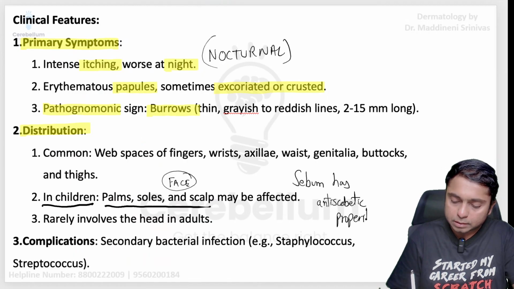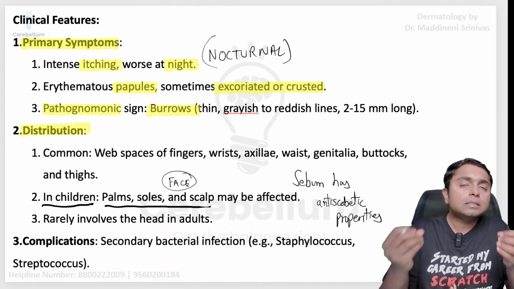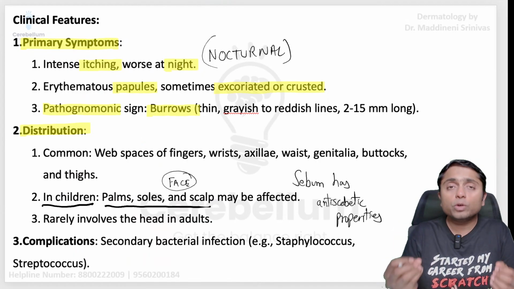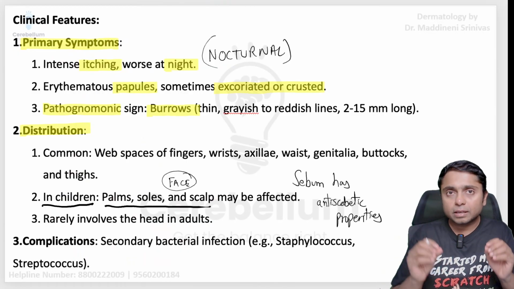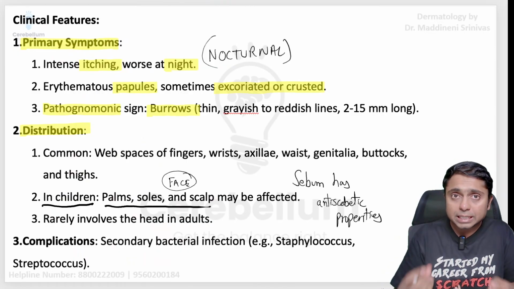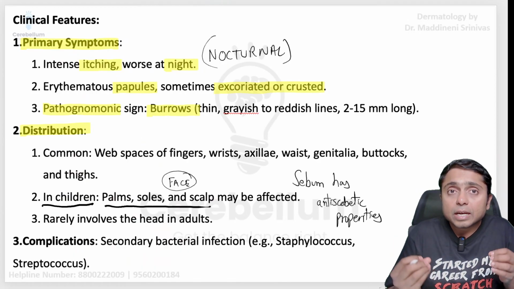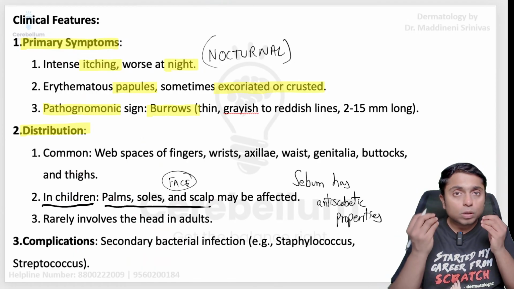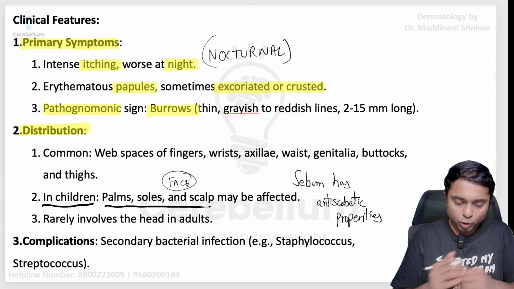Anti-scabetic properties. So that is the reason why in the adults, this mite is not going to live on the face. It will not live, it is going to be killed because of the sebum which has anti-scabetic properties, whereas in the children, the face can also be involved and face can also have the papular lesions and the excoriations and the itching. Okay.